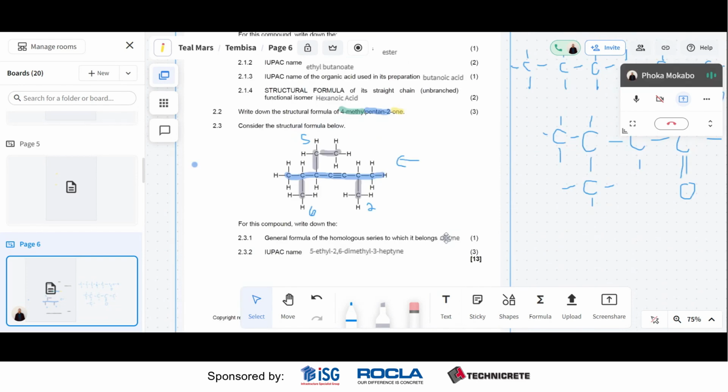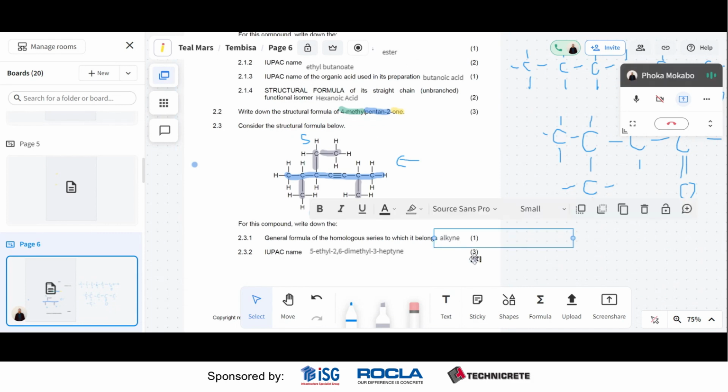We are now complete with question 2. Oh, my bad. My apologies. They did not ask for the general series it falls under, but rather the general formula for that series.